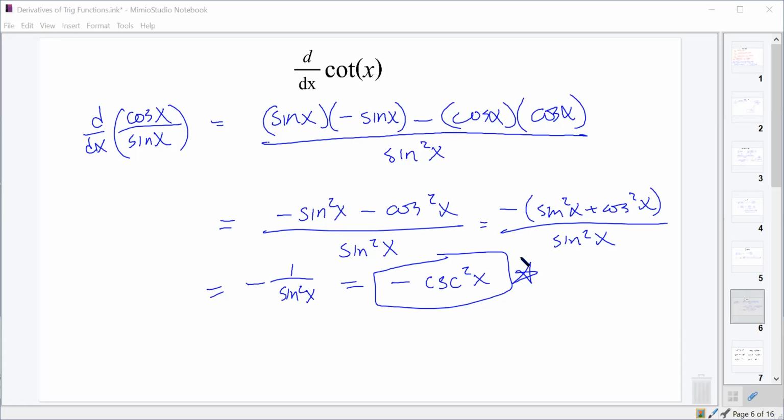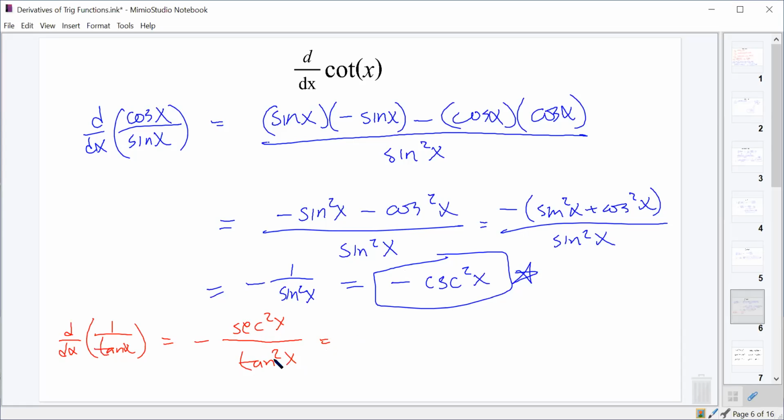How else could we have done this derivative? 1 over tangent. Yeah, we could have taken the derivative of 1 over tangent x. That would have given us negative derivative of tangent, which we now know is secant squared, over tangent squared. We could have simplified that to negative secant squared, which is fine.